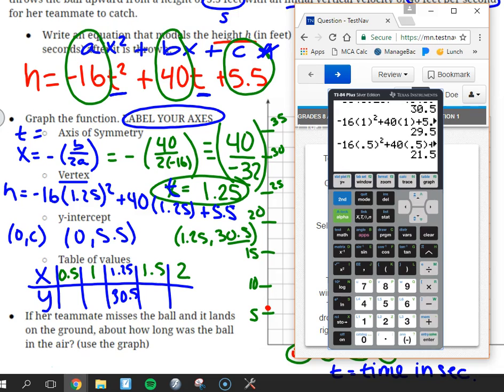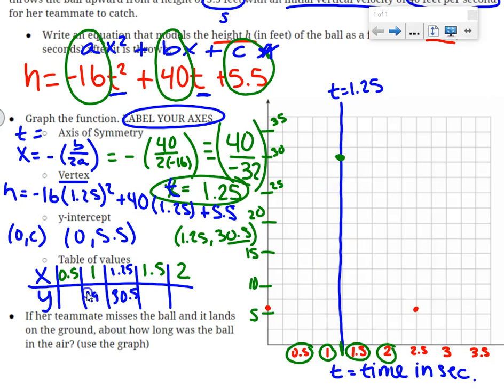And we get 21.5. We can put 29.5 here and 21.5 here, and then plot those points on our graph. And then we can connect these points with a nice parabola.